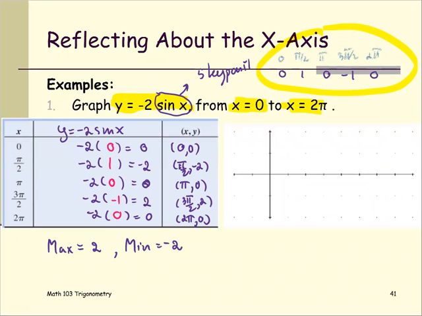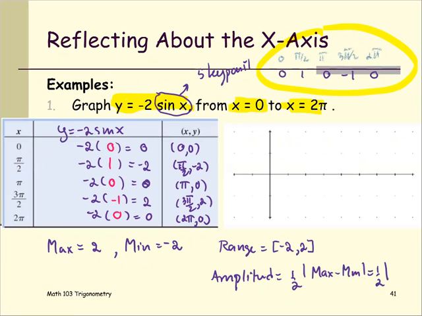Then we can make a list as the range of the graph is going to be the interval negative 2, positive 2. And the amplitude is a half of the absolute value of the max minus minimum value, or 1/2 times the absolute value of 2 minus negative 2, which is the value 4. Therefore, the amplitude is 2.